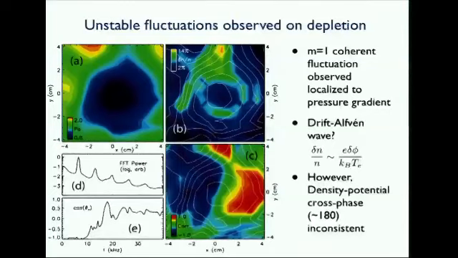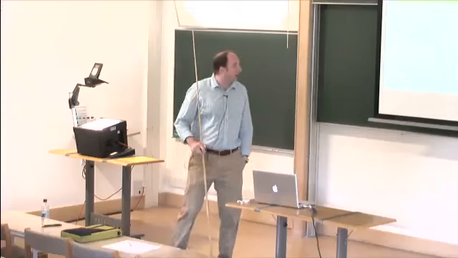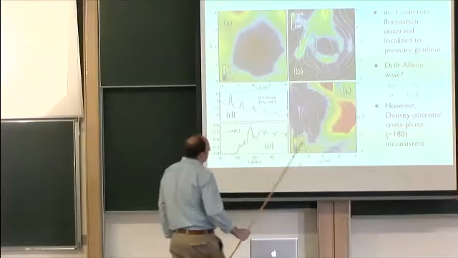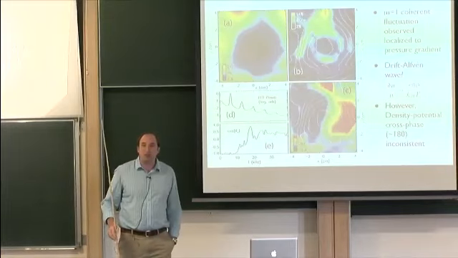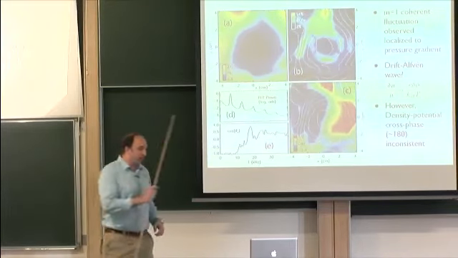So we spent some time trying to, we assumed we were going to excite drift waves. It turns out this mode has some character like a drift wave. Delta n over n is very close to Boltzmann. However, the density-potential cross-phase that we measure in this wave is 180 degrees. So this is completely inconsistent with the drift wave.